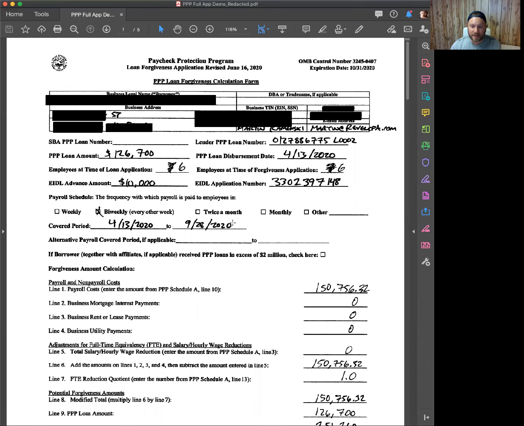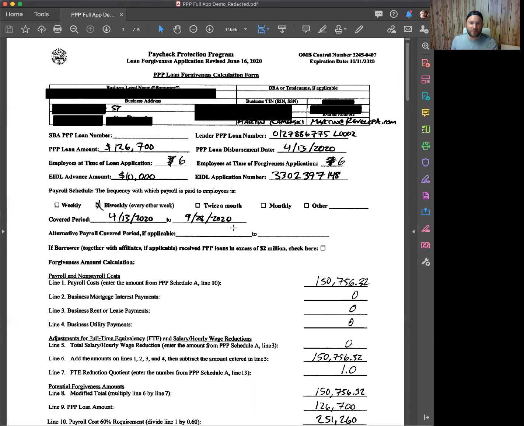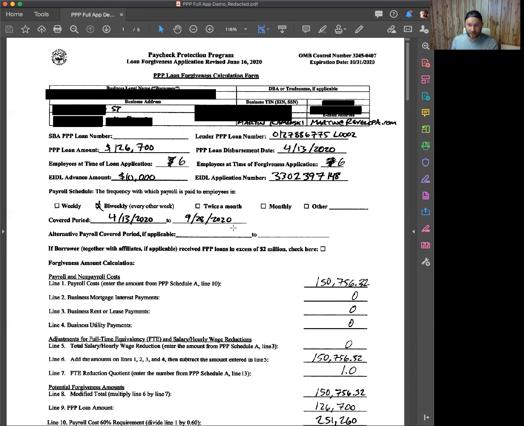And if you do, the easy form is mainly the first 2 pages of this form, which is the full application, not the rest of the 3 pages to follow. So we're not going to go through that one, because anything that you would need to be able to do the easy form, we're going to show you here. We're just going to show you all that and then more. Okay, so let's jump right in.